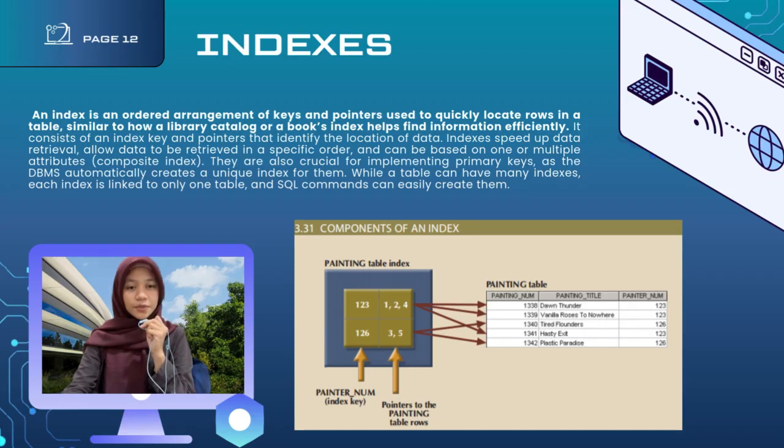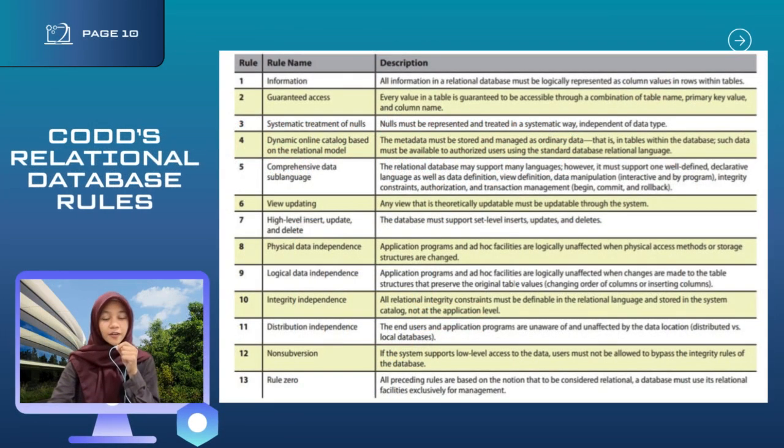They are also crucial for implementing primary keys, as the DBMS automatically creates a unique index for them. While a table can have many indexes, each index is linked to only one table, and SQL commands can easily create them.